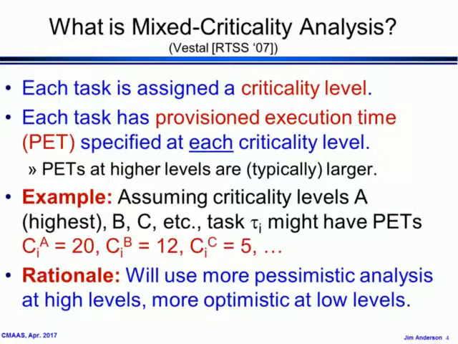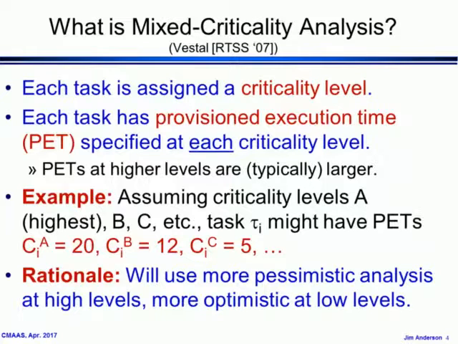And what he suggested to do was provision systems based upon the criticality levels at which they live. And it actually gets a little bit worse than this, because a task, no matter which criticality level it lives at, has to have a provisioned execution time at every level. That's a little bit of an overstatement, but we'll let that one go.